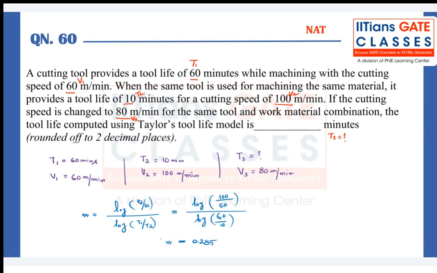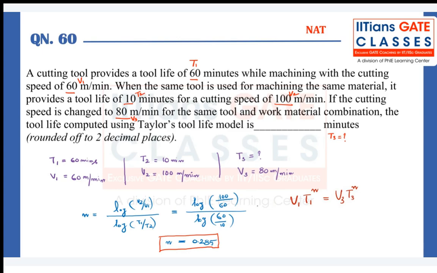Whenever you encounter this kind of question, first simply find n. Now I'll write the equation here, have a look, guys. Can I write V1 T1 power n equal to V3 T3 power n? Same material and same machine, same cutting tool, that is why C is constant.